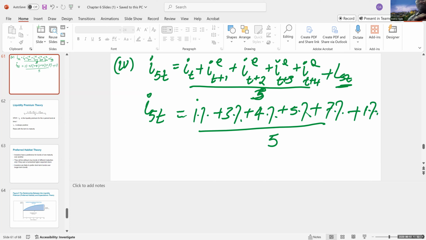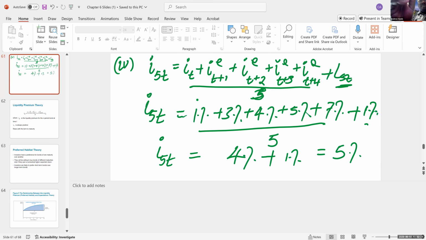No problem. So that's 4% plus the 1% here. That's going to be 5%. Your I5T is 5%.